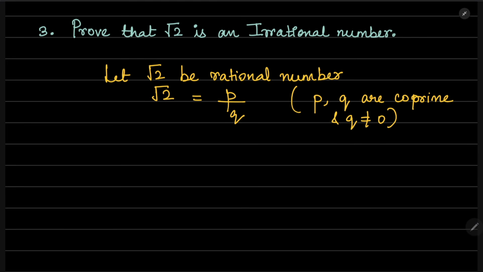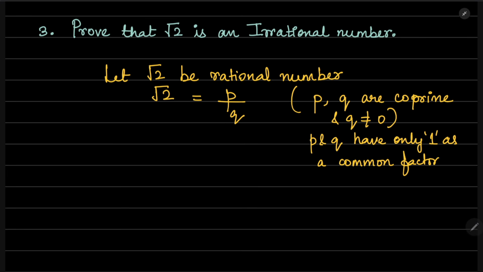Instead of writing P and Q are integers, we are being more specific by saying that P and Q are co-prime, meaning that P and Q have only 1 as a common factor. This is the assumption that we are proceeding with.